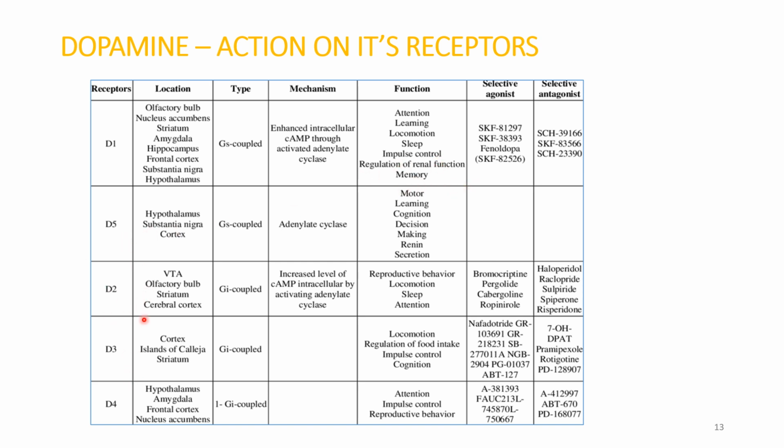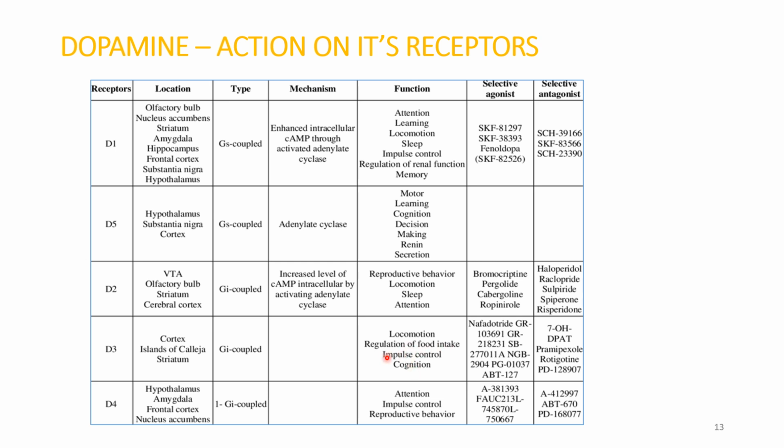Next, coming to D2 receptors, present in the olfactory bulb, striatum and cortex, Gi coupled, inhibitory. Decreased levels of cyclic AMP lead to reproductive behavior, locomotion, sleep and attention. Now D3 is present in the cortex, striatum, Gi coupled.